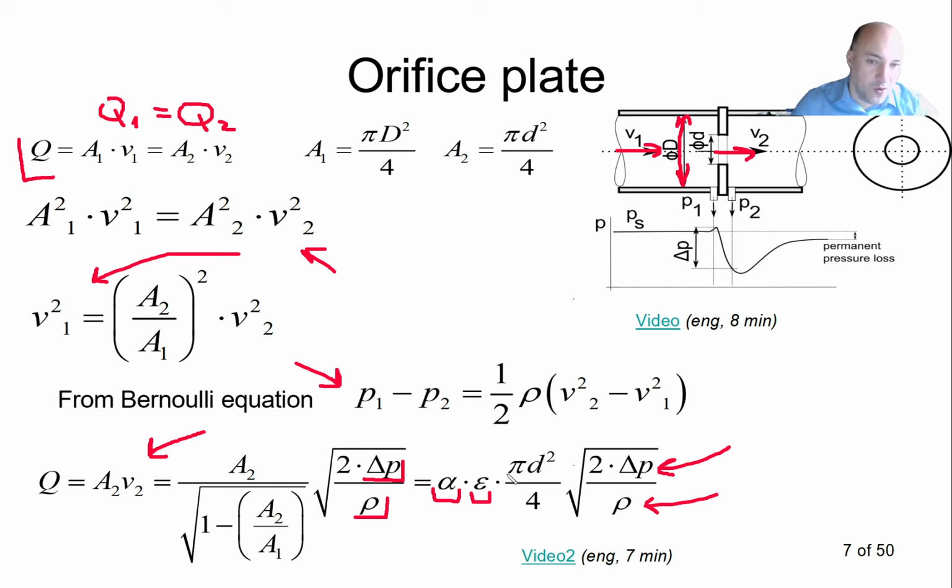So if it's a flow meter based on this artificial restriction, it is nothing else than a pressure difference sensor plus some unit that will do the computation. So you can use a differential pressure sensor directly and then calculate in the control system, or you can use a flow meter which has this calculation embedded inside.